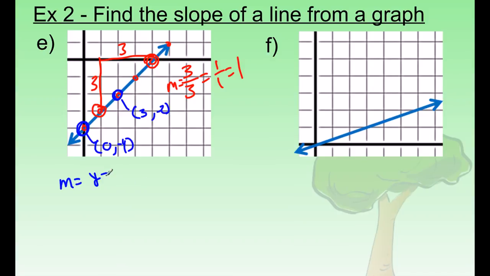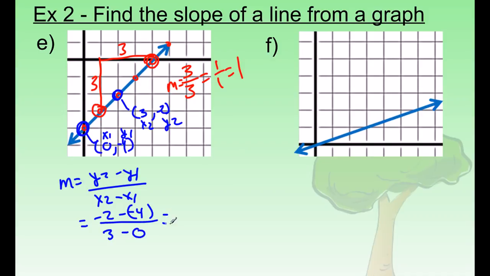M equals y2 minus y1 over x2 minus x1, with x1, y1, x2, y2, giving me negative 2 minus negative 4 over 3 minus 0. Keep, flip, change, gives me 2 over 3.